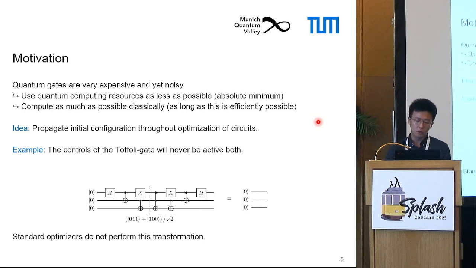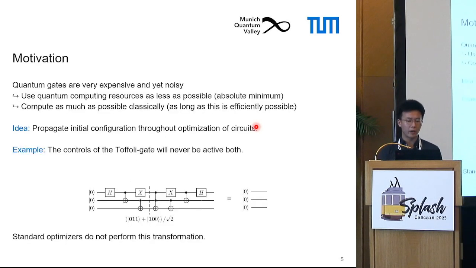Even though this is a very toy example, this optimization is not yet adopted by the existing sophisticated quantum circuit optimizers. So this also strengthens our contribution in this work.